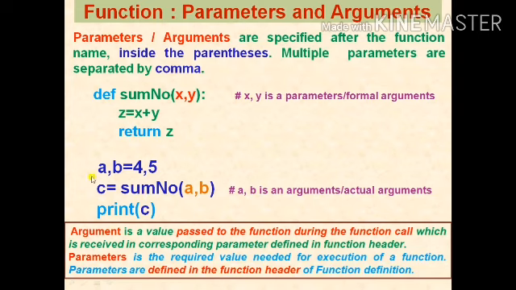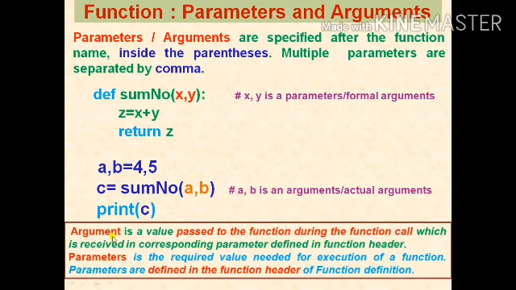So we can say that an argument is a value passed to a function during a function call, which is received by the corresponding parameter. Suppose I have given 4 and 5 in a and b, then these a and b values will be received by x and y. This x and y is a formal parameter or formal argument which receives the actual values, that is, the actual arguments. Another name of argument is actual argument, and another name of parameter is formal argument.